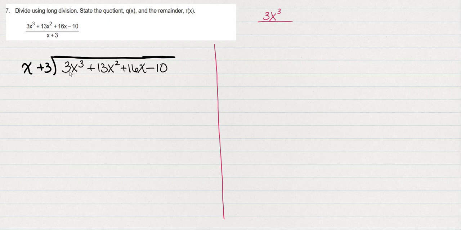We're going to take this 3x cubed and divide it by x to get 3x squared. And that is going to be our first term for the quotient. I'm going to write it in the x squared column, so I'm going to write it above the 13x squared, so we have 3x squared. After you divide, the next step is to multiply.